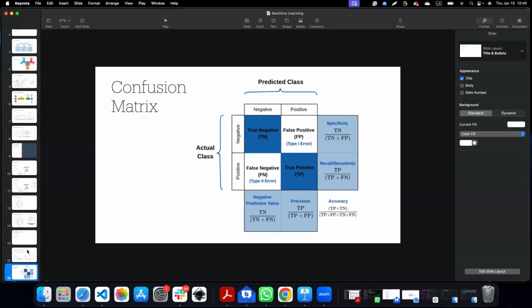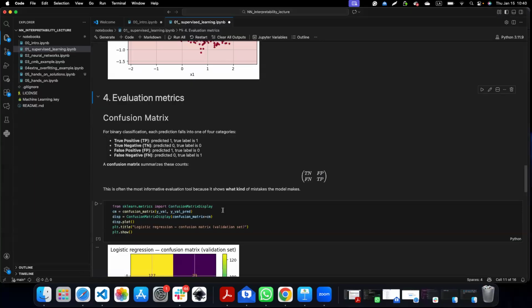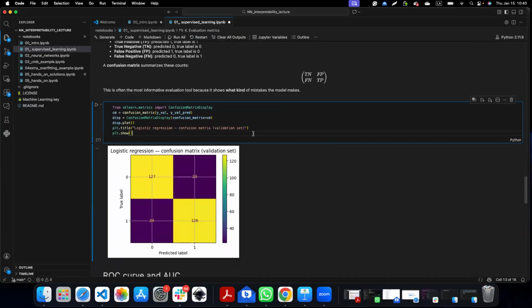The true negative and the true positive, meaning true class 0 and true class 1, are going to be in the diagonal. And usually when you have an algorithm that is performing very well, you're going to have a diagonal confusion matrix. So this is what we need to compute here.